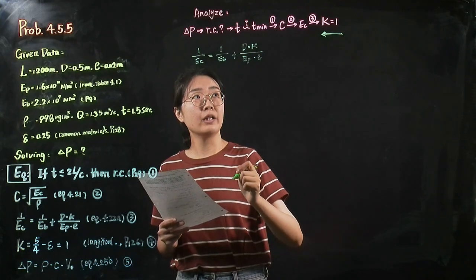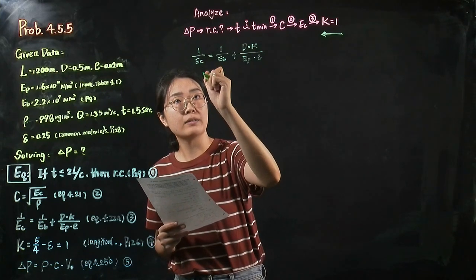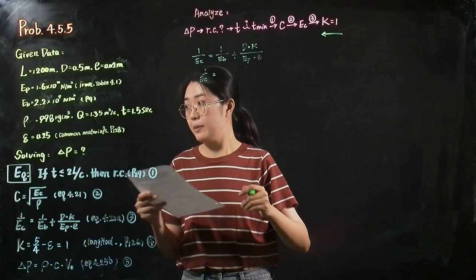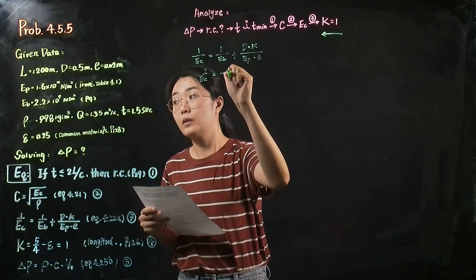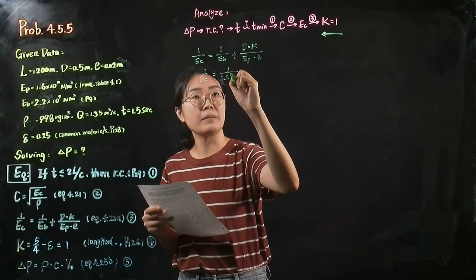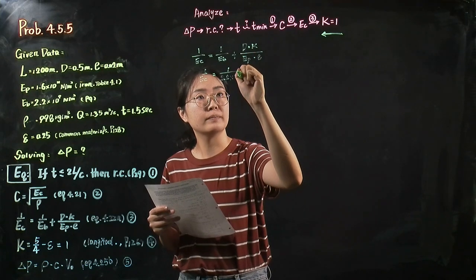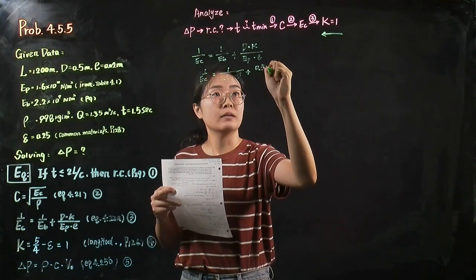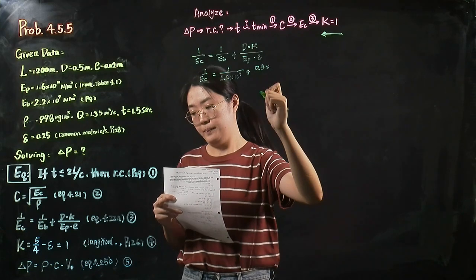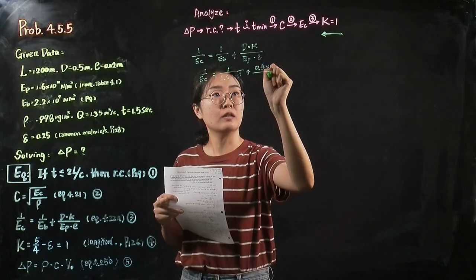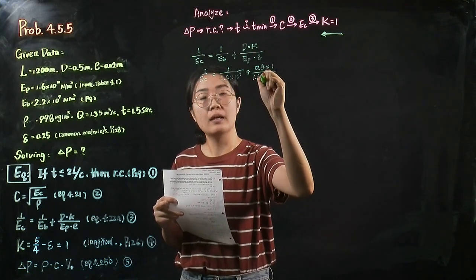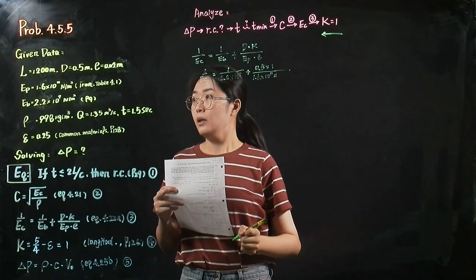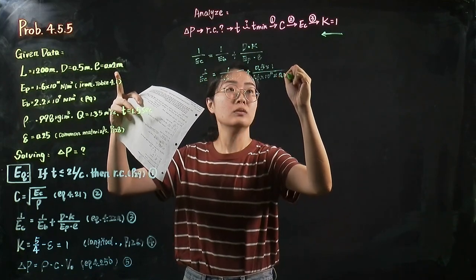If we bring the values into this equation, we can get: E sub W is 2.2 times 10 to the power of 9, plus the diameter is 0.5 times K is 1 over E sub P is 1.6 times 10 to the power of 11 times e is 0.02 meter.